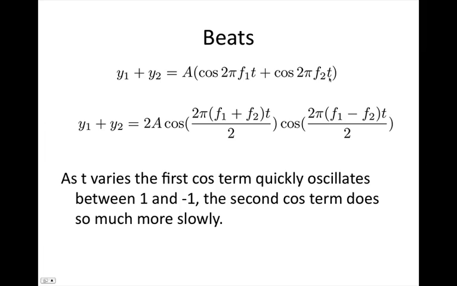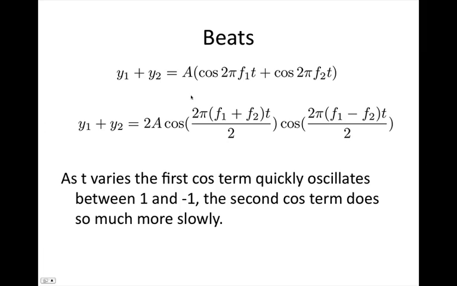Using our rules for adding cos functions, this becomes cos of the sum of these things times cos of the difference of these two things. So we end up with 2A cos(2π(f1 + f2)t/2) times cos(2π(f1 − f2)t/2).